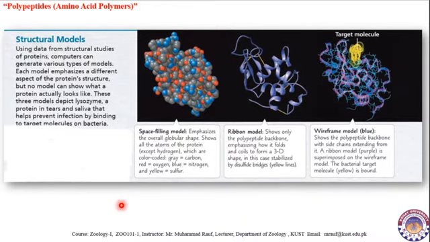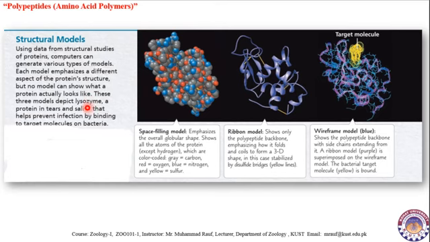Here are three different types of models. Obviously, these models are computer generated models, and here they have shown lysozyme protein. These are three different models of a lysozyme protein.